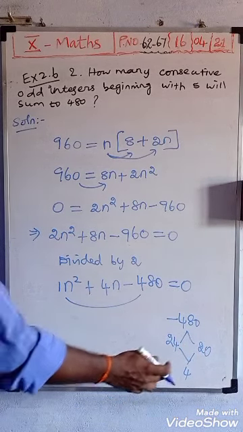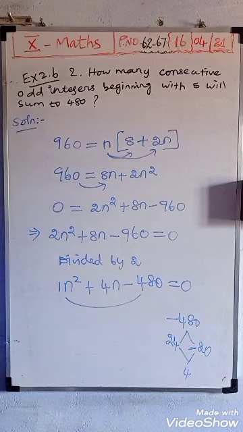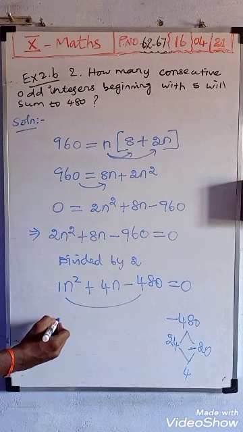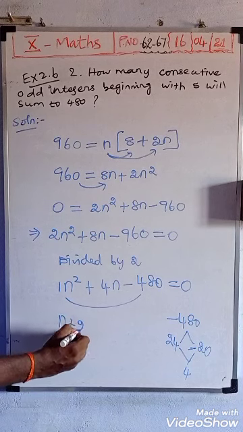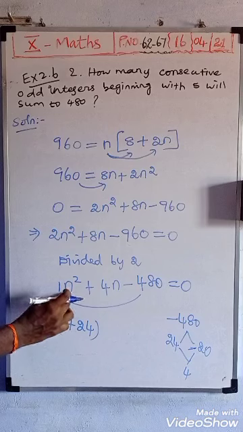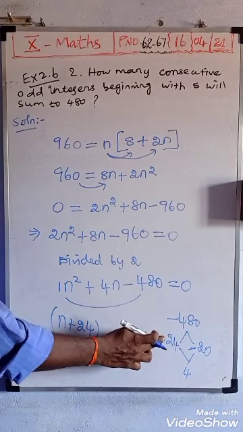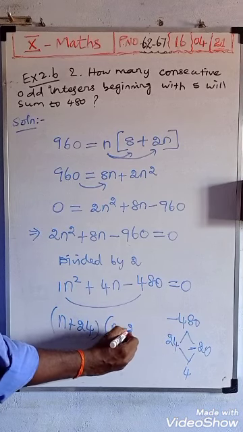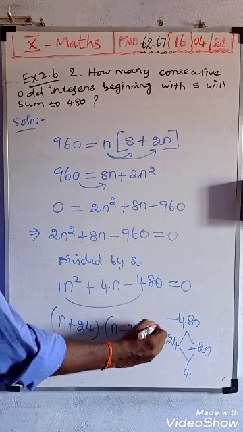Here we want positive 4, so instead of plus 20 use minus 20. Now 24 into minus 20 multiplies to minus 480, and 24 minus 20 gives 4. Therefore the factors are n plus 24 and n minus 20, because the n square coefficient is 1 and we can write directly. So n plus 24, n minus 20 is equal to 0.